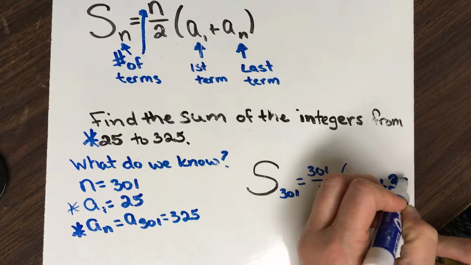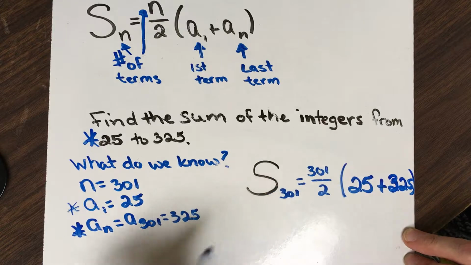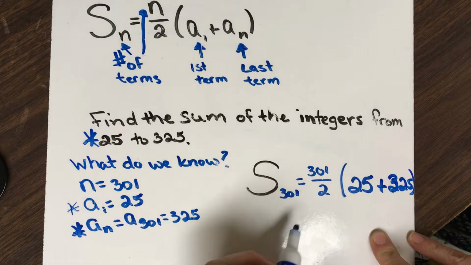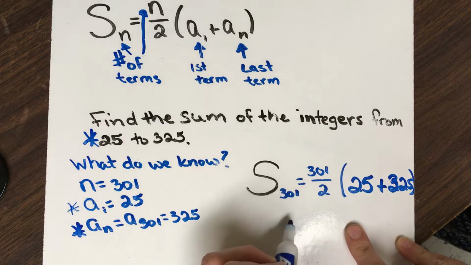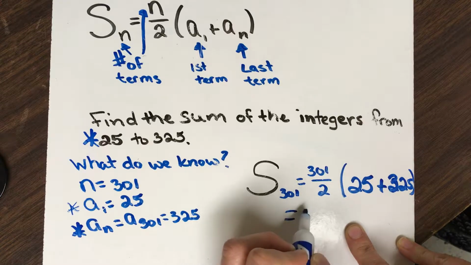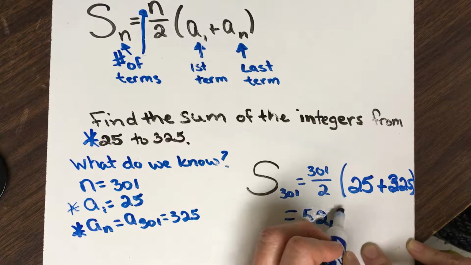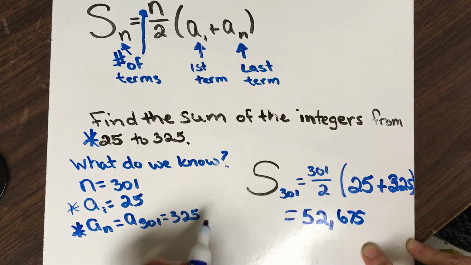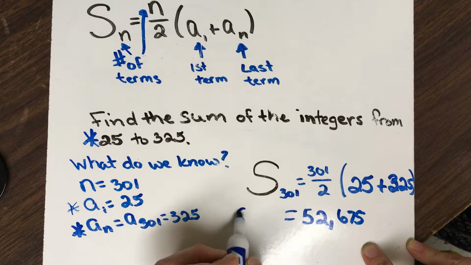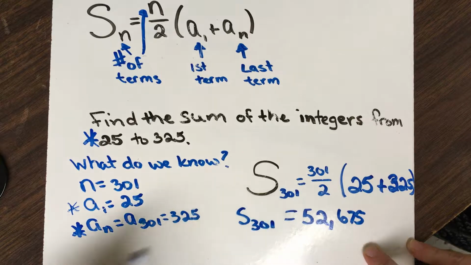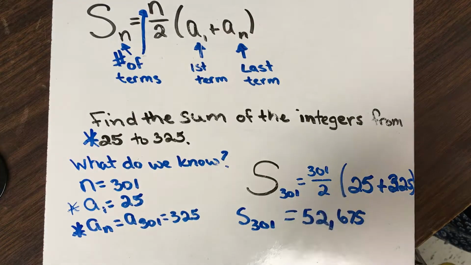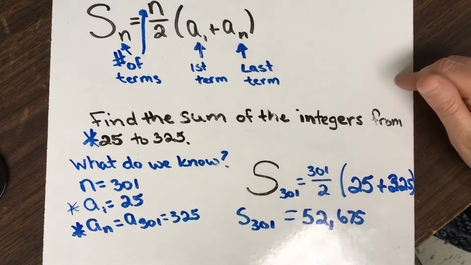Whoops. Okay, so when you add these pieces together and you multiply, your total is 52,675. And that would be written like that.